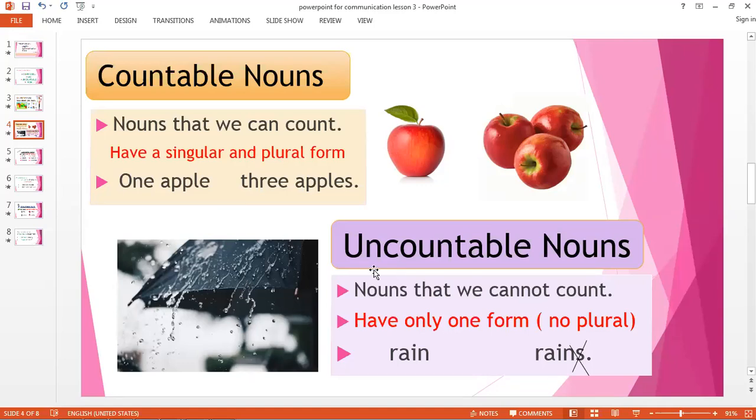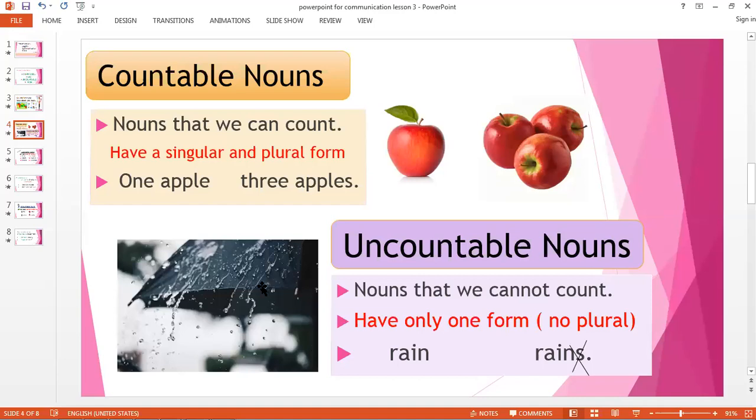Now, uncountable nouns are nouns that we cannot count. From the root word uncount, meaning you cannot count. They have only one form. There is no plural form. With rain, you cannot say rains.